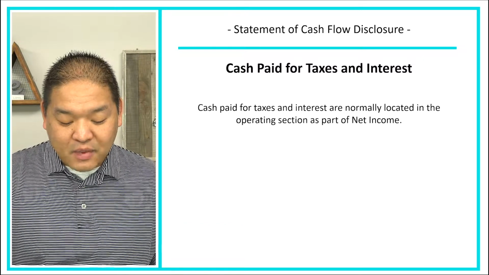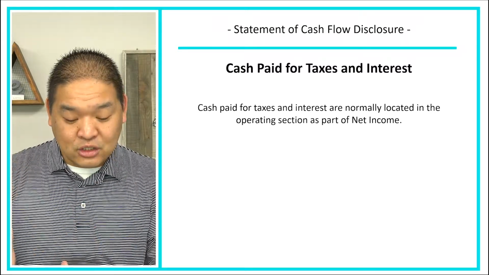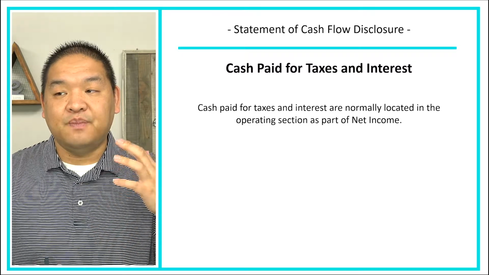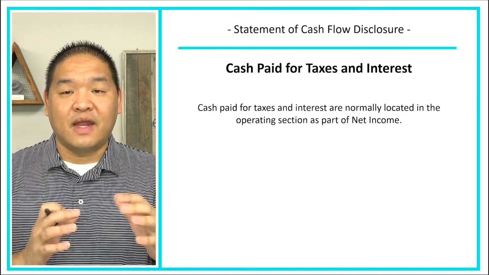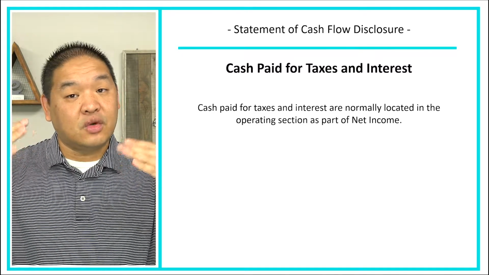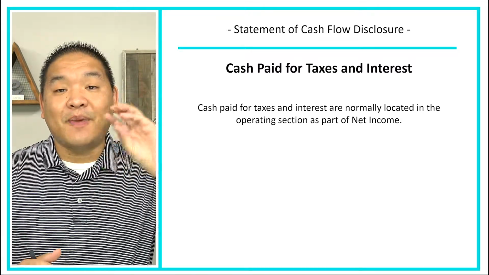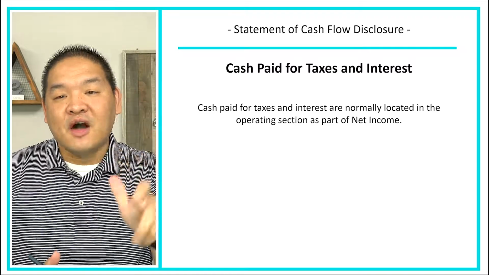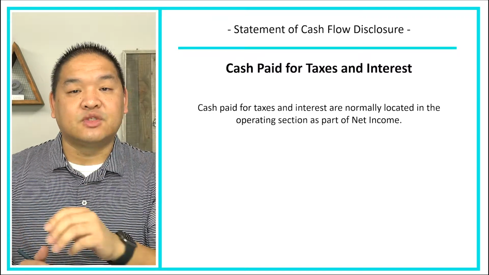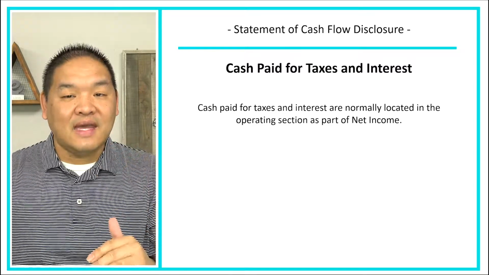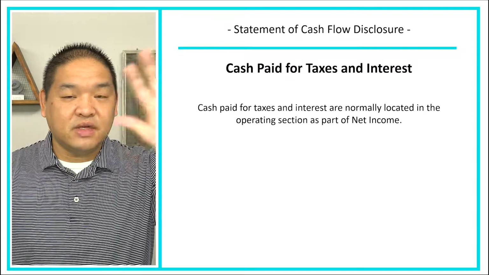Cash paid for taxes and interest are normally located in the operating section as part of net income. So it decreases net income. It's baked into net income, so at the end of the day, we report this at the very end. It's already baked in, so we don't do anything to the operating section.